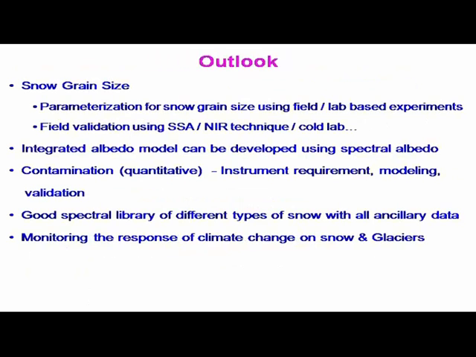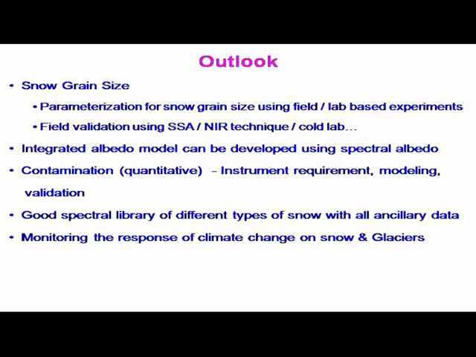So the outlook of this study is that for the snow grain size we were estimating, parameterization of snow grain size using field and lab based experiments is required, because whatever grain size we are retrieving from the optical sensor is the effective grain size, and whatever we measure on the ground is the equivalent grain size, which we measure from the crystal graphs.